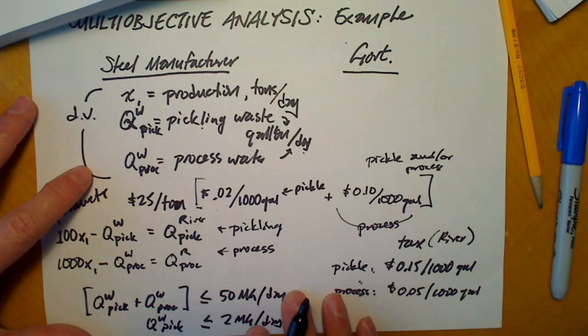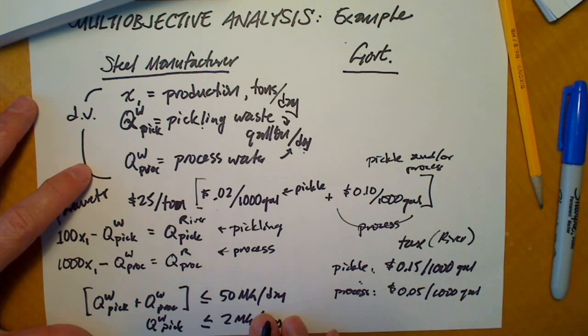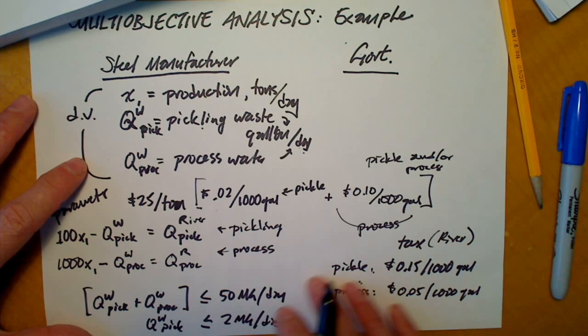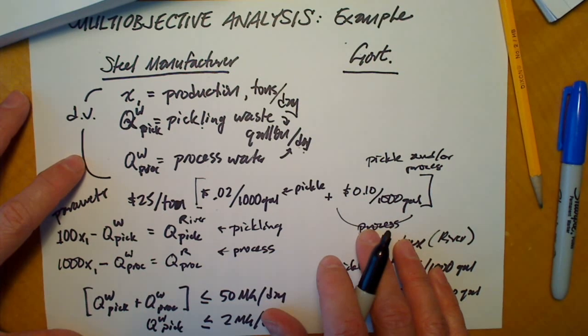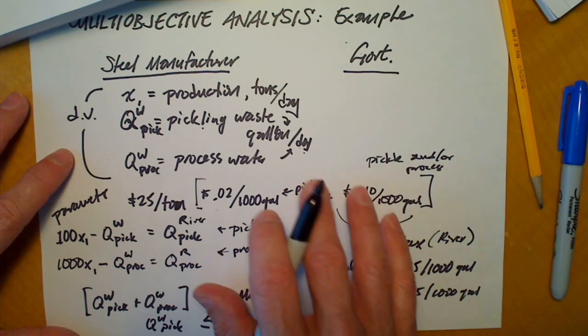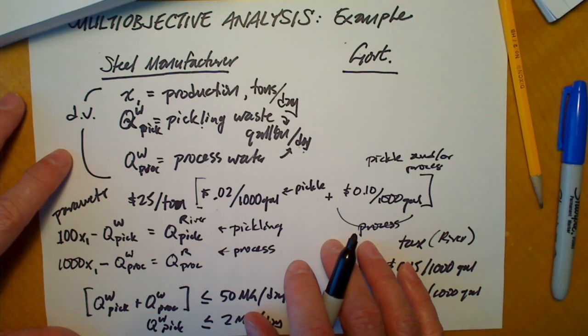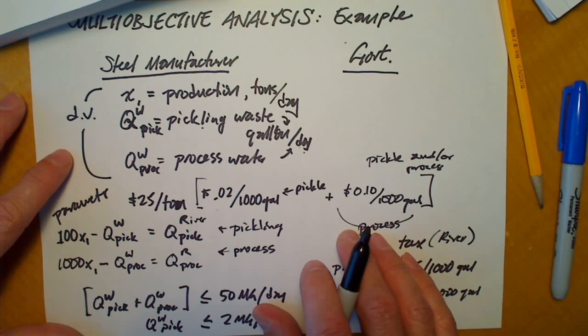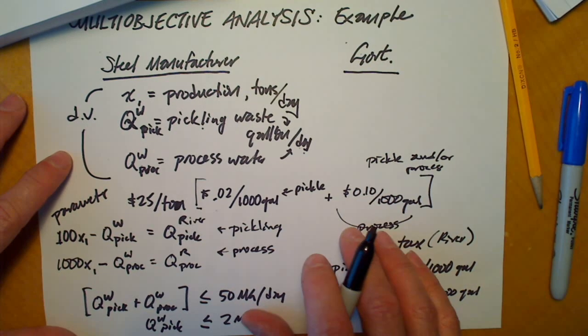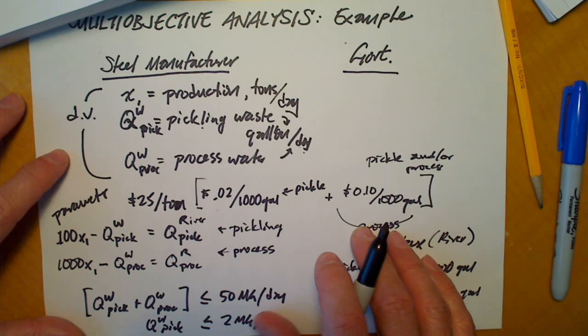We're sorting our way through everything that we have, and there's one more set of constraints, and that's the limit on the pickling waste that can be discharged directly into the city sewers without treatment. It winds up in the river.